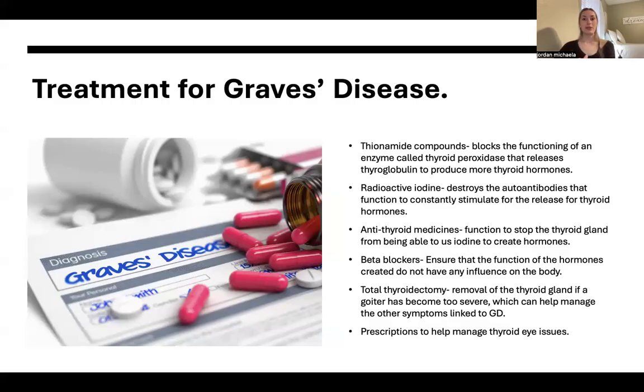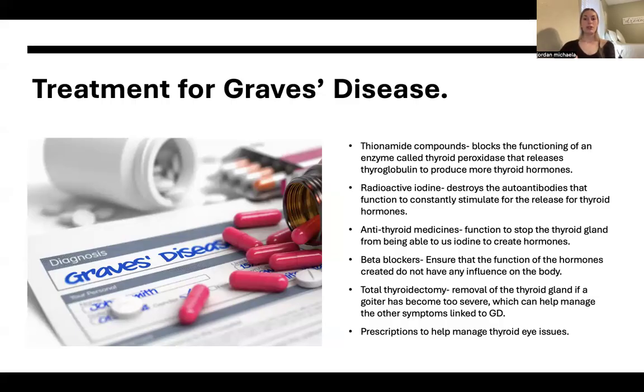Total thyroidectomy, which is the removal of the thyroid gland, especially if that goiter that develops gets too severe and needs to go. And also, it's been shown in studies that if you remove that goiter, this could help manage other symptoms that are linked to Graves' disease and improve a patient's quality of life.